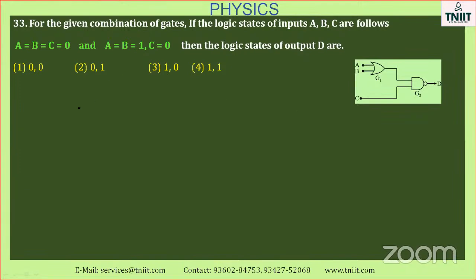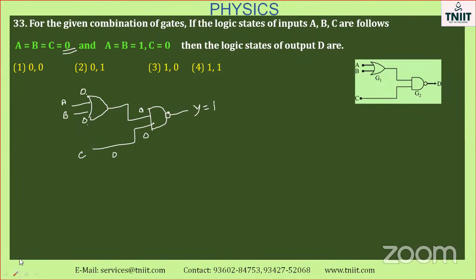They have given one circuit here. This is an OR gate. This is connected to a NAND gate. Now this is telling A, B, C. So what is A, B, C in the first case? 0, 0, 0. 0 plus 0 is 0. 0 into 0 bar is 1.